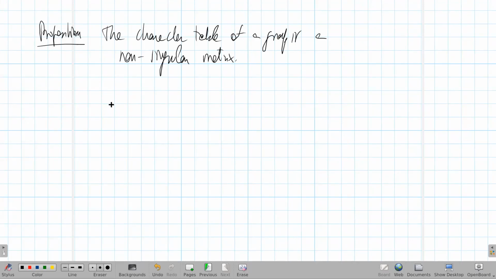So recall what the character table is. The character table is a square table where the row index is given by the irreducible characters of G, and the column index is g, where these g are representatives of conjugacy classes.